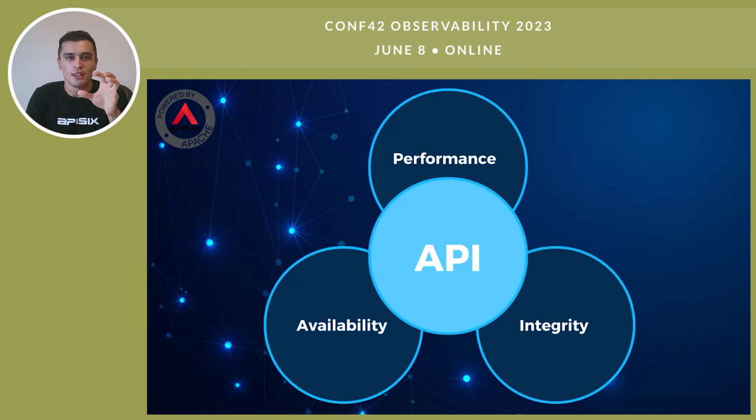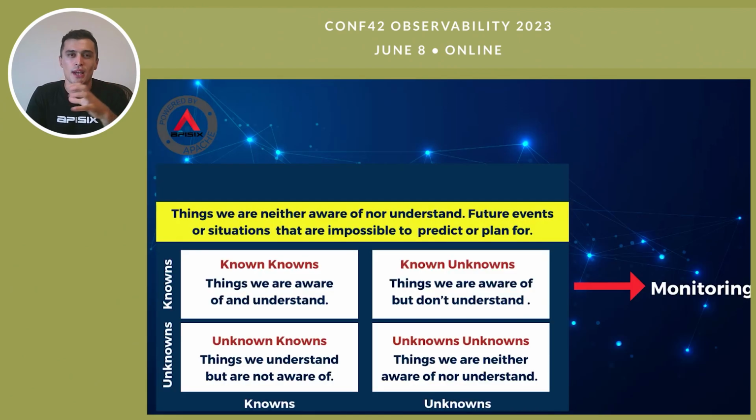We call it API monitoring. Traditionally, this API monitoring does help you to stay on top of uptime, security, and performance. However, it is limited because traditional monitoring focuses on tracking known unknowns.